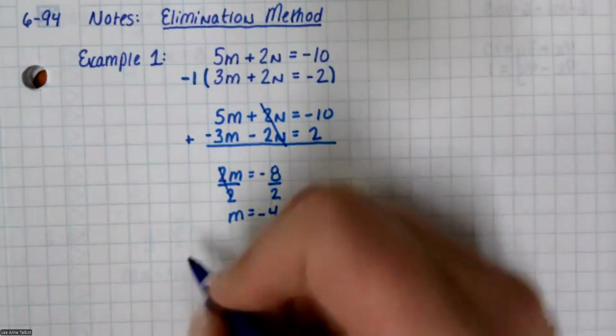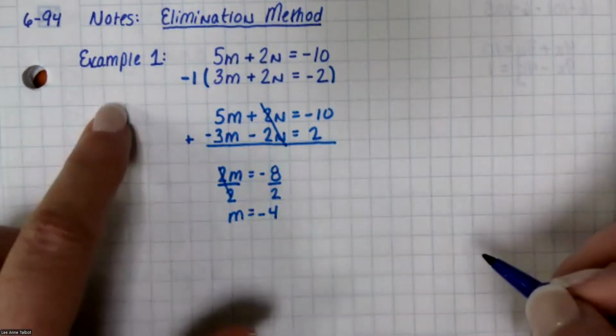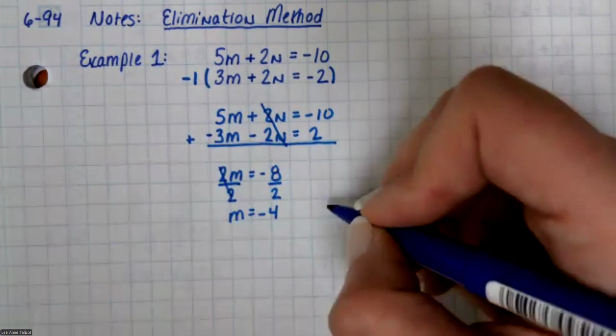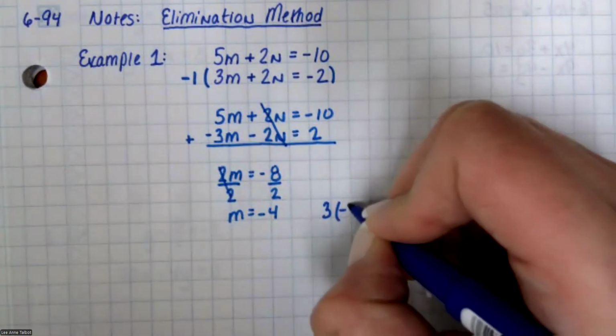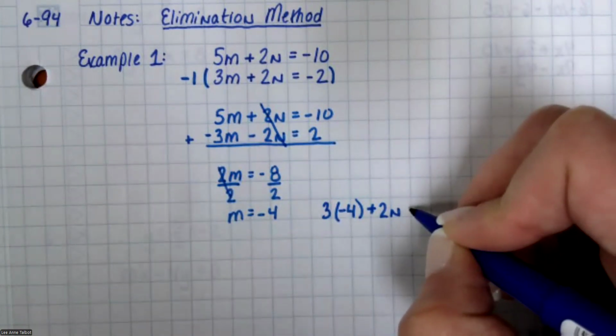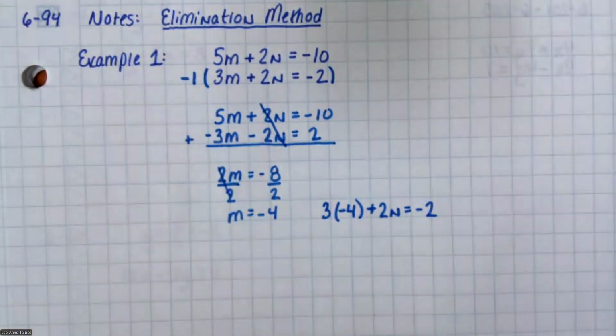Okay. Plug it into the bottom one, it has smaller numbers. 3 times -4 plus 2n equals -2.